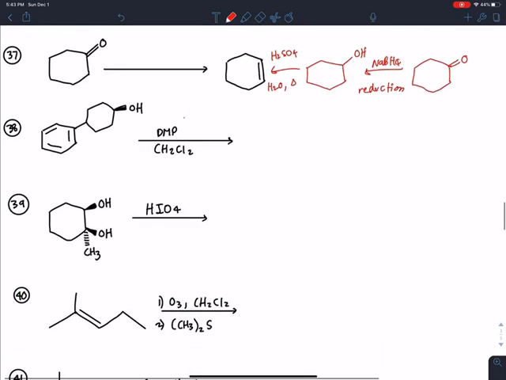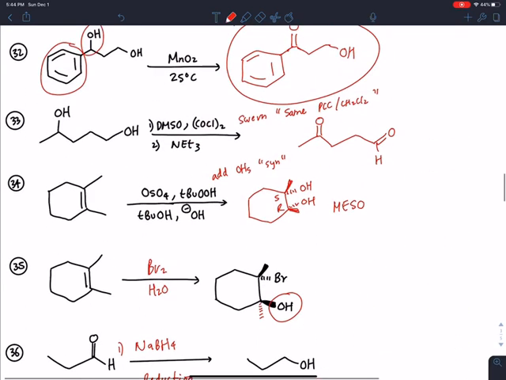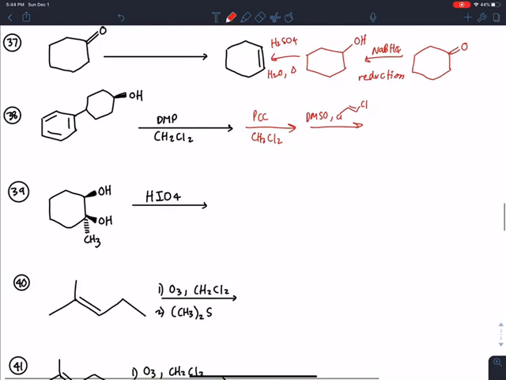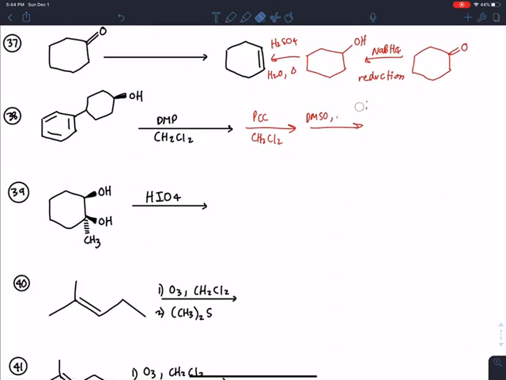Next one is DMP. Okay, this is the last reaction that's a mild oxidizer. So there were 3. You can either write this, DMP, or you can write PCC, CH2Cl2. And the last one was the DMSO, this thing. So that's right here, COCl2. Or that's not COCl2.